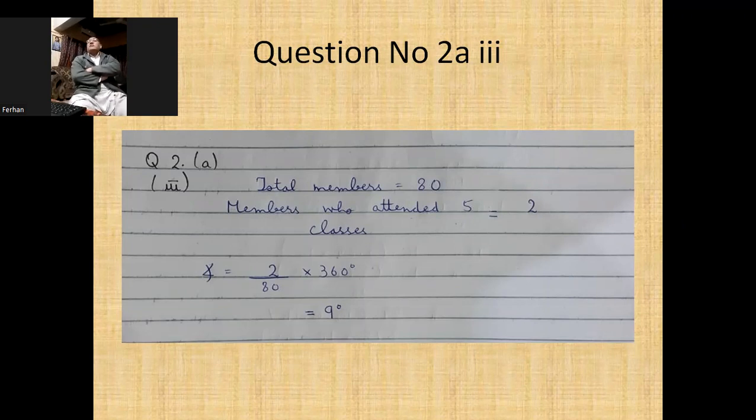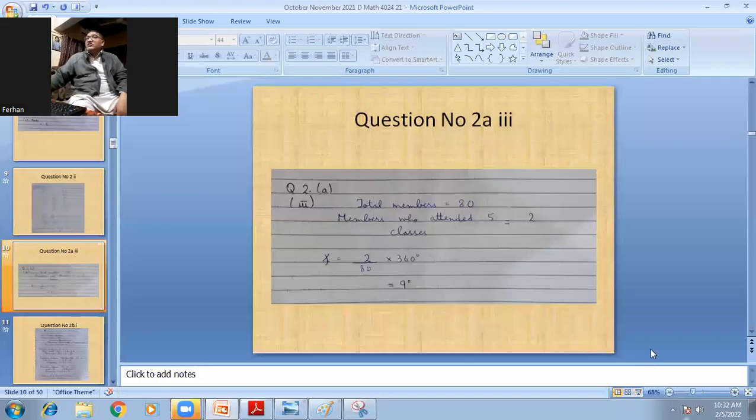So 2 divided by 80 multiplied by 360, so it will be 9 degrees. 2 is the frequency of that class and 80 is the total frequency, multiplied by 360. So 9 degrees is the angle for that class. Hopefully you understand how we find the angle for the pie chart. That was question number 2a, third part.